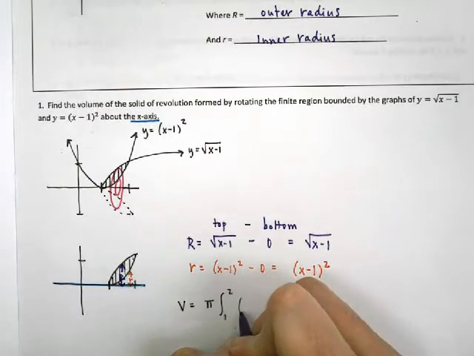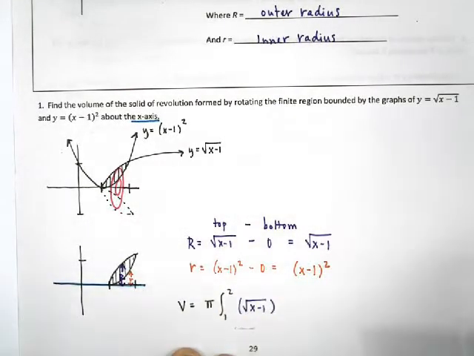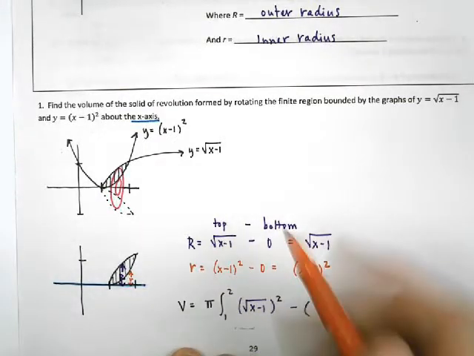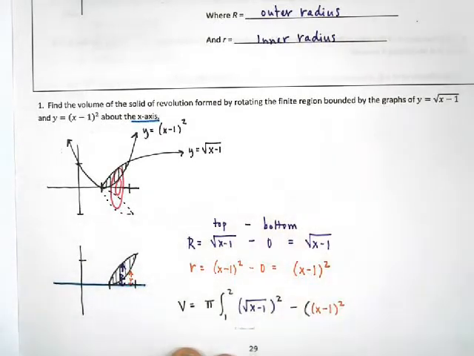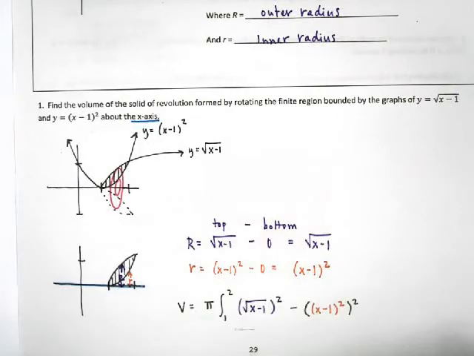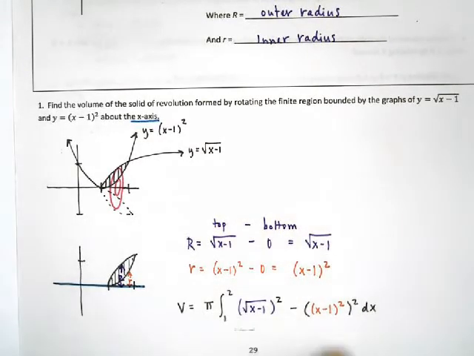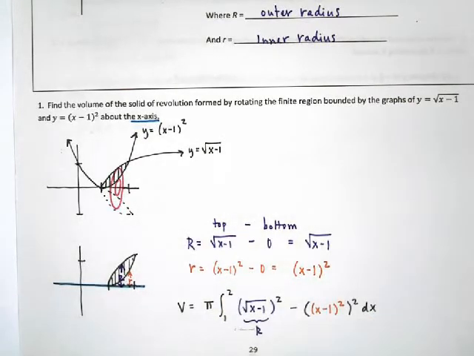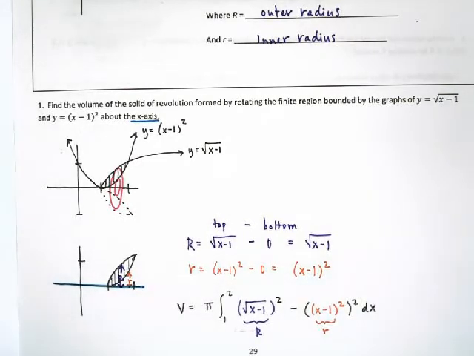So it's the square root of x minus 1, and I know I need to square my big R. And then I'm going to subtract my little r squared, and we'll have to be careful with our parentheses here. Then I'm going to integrate with respect to x.